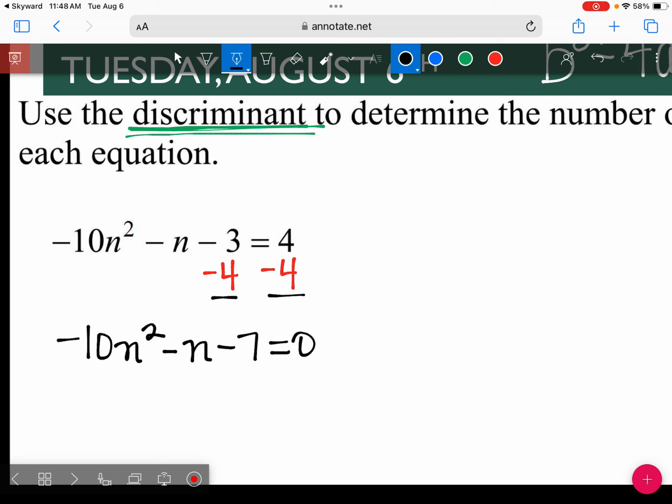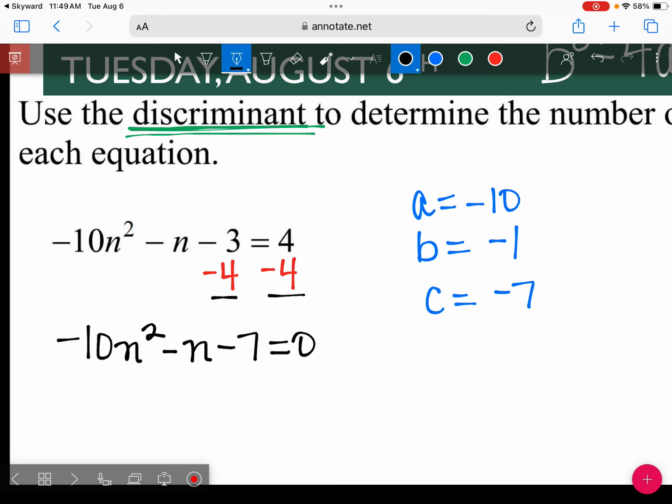So A equals negative 10. What does B equal? Negative 1. Good. And C equals negative 7. So one of the big mistakes, that's a common mistake. I've been teaching 16 years, teaching pre-calc for 10.